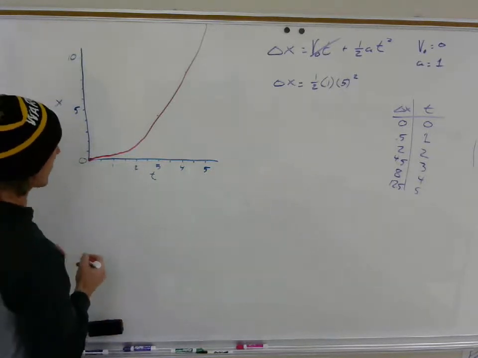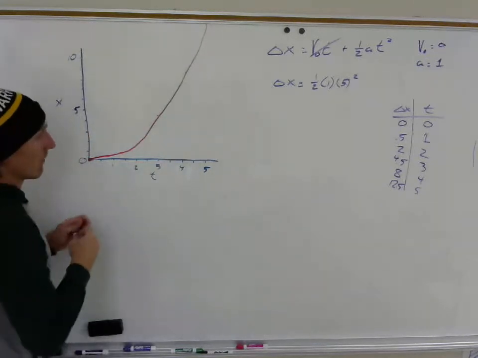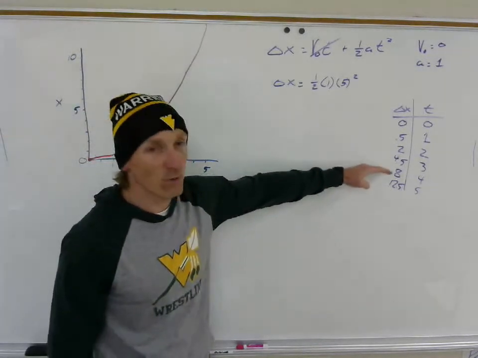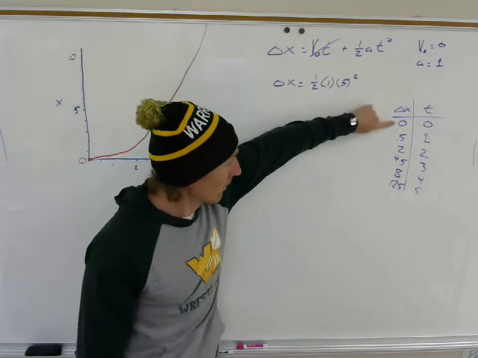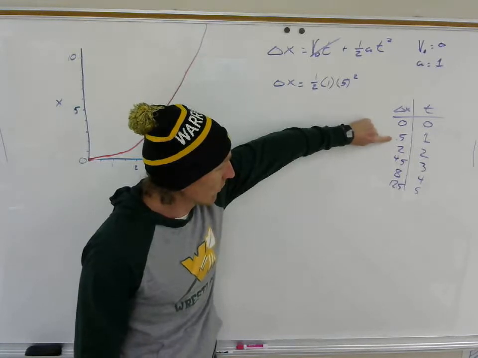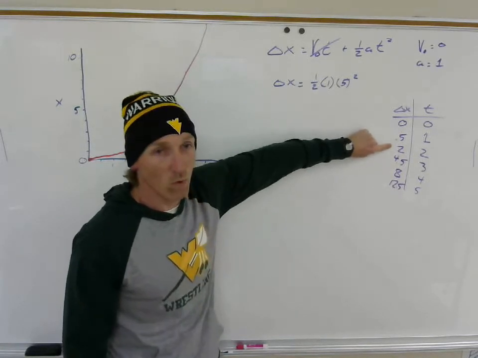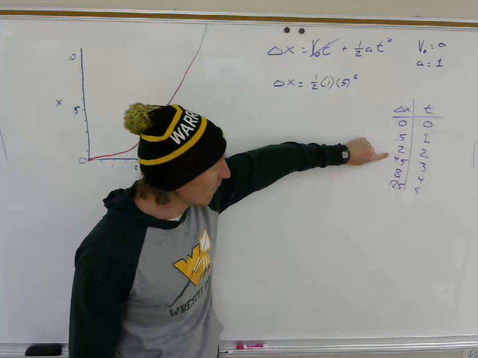So I have it increasing the amount of displacement it has as every second goes by. We can see that numerically here. Between 0 and the first second, it went 1/2 a meter. But between the first second and the second second, it traveled 1.5 meters further. I'm just taking the distance between them. Then it went 2.5 meters further.